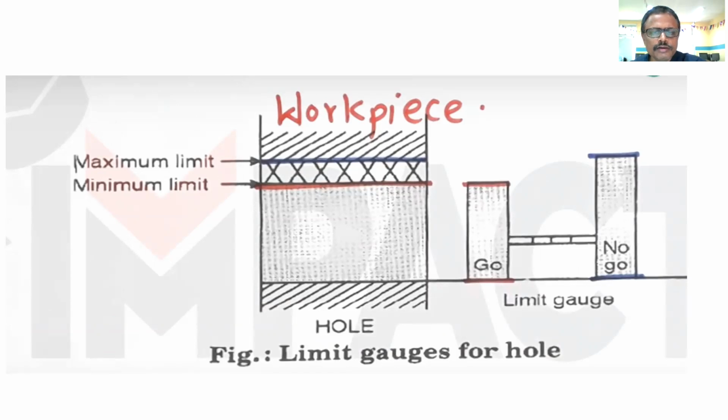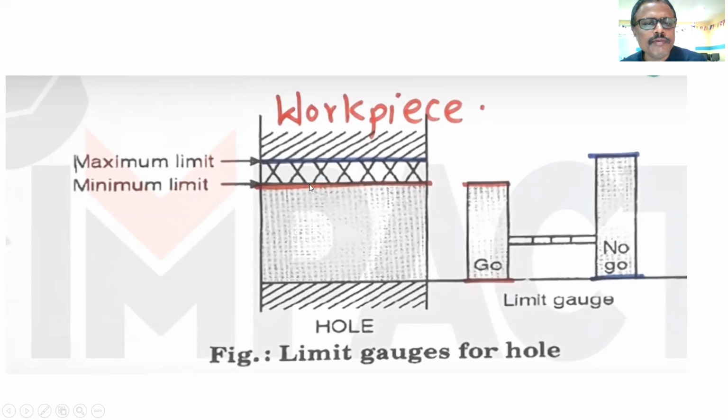This is the limit gauge for hole. So this is the diagram of the workpiece with a hole in this. So we are studying how to inspect this hole with the help of a plug gauge. Here you can see there is a maximum limit size for the hole and there is a minimum limit size for the hole.